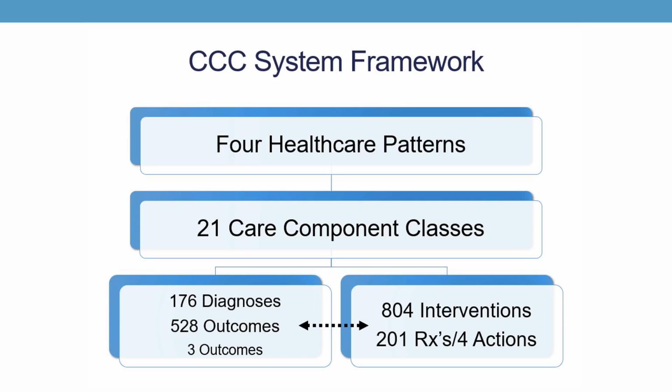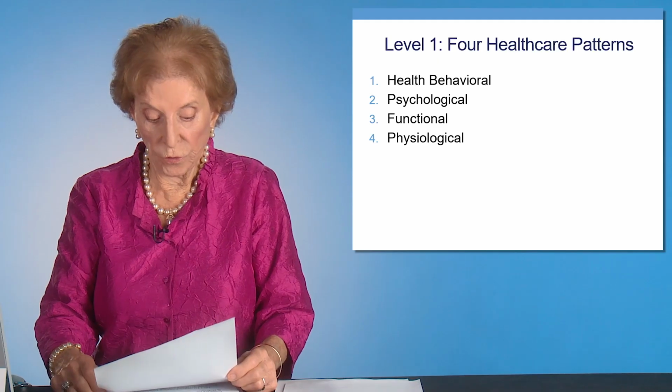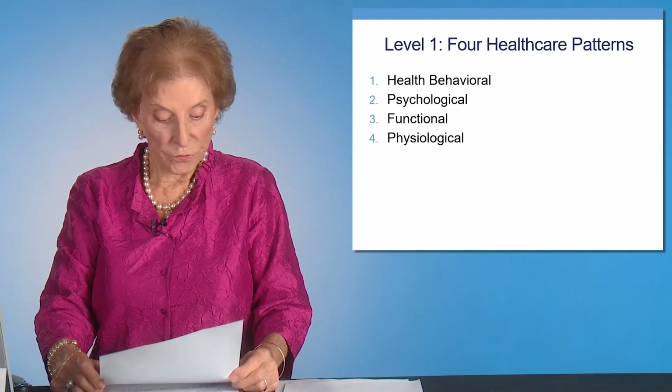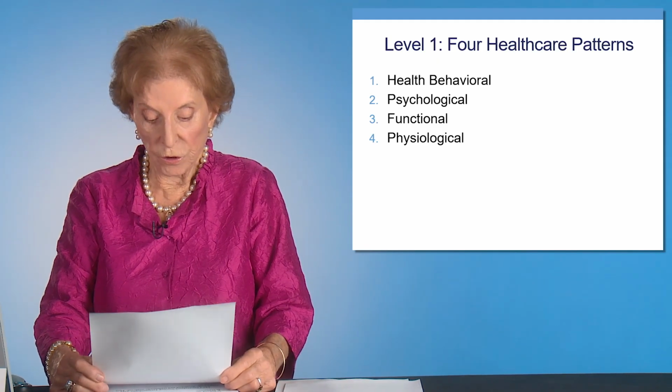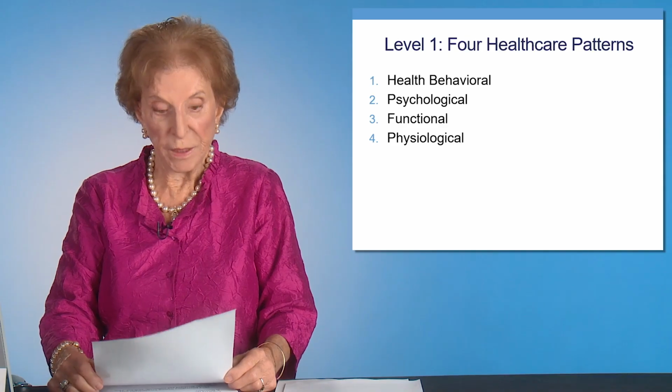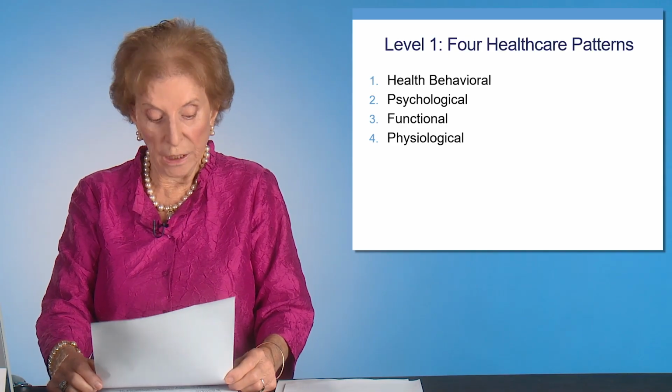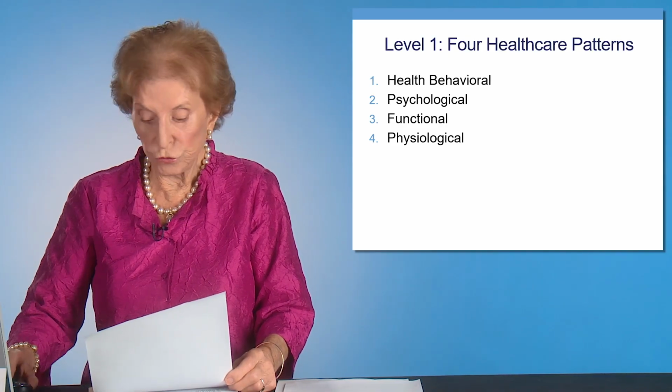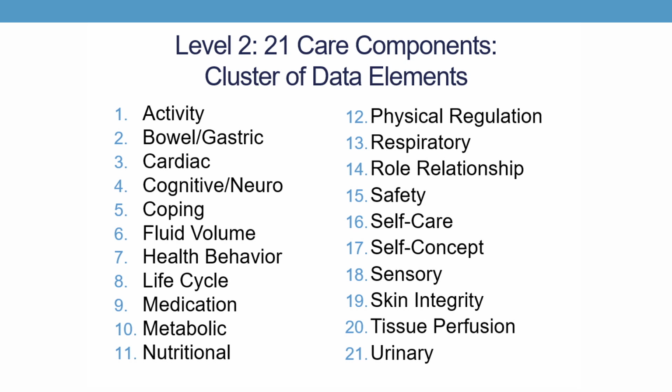Level 1 consists of 4 healthcare patterns: psychological, physiological, functional, and health behavioral, which are used to categorize Level 2's 21 care components. Each care component represents a cluster of data elements that depict a holistic approach to patient care and used to classify and link the terminologies together.